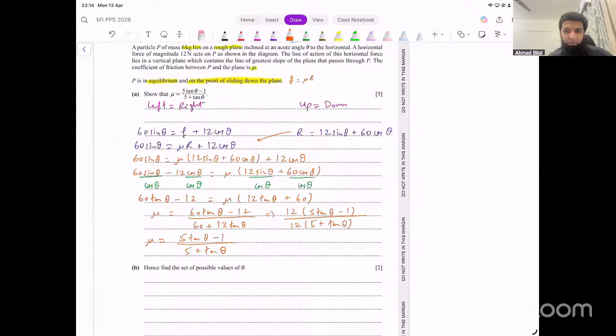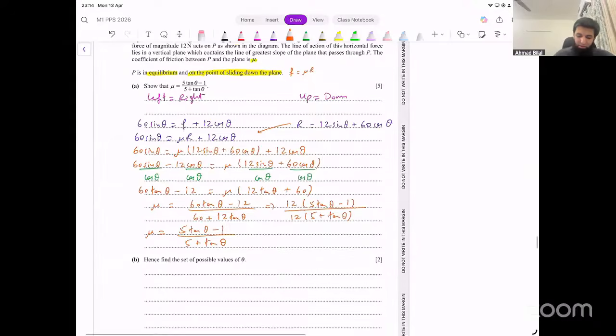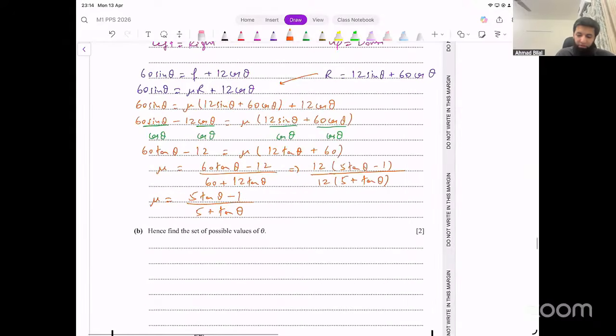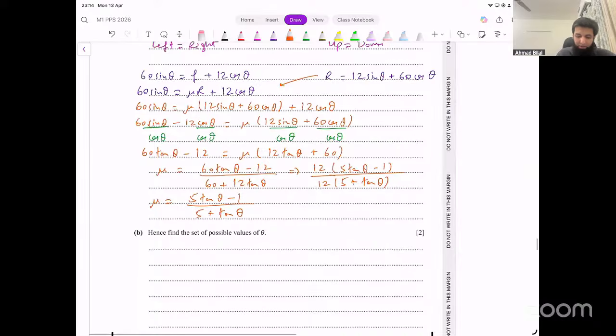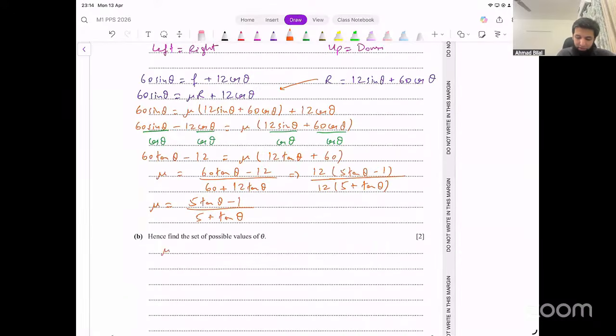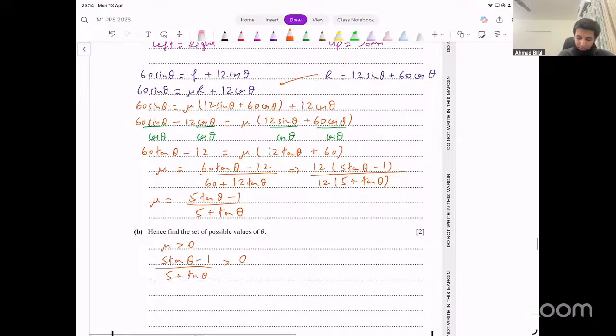Negative is also not possible because coefficient is always a positive value. That is one thing that you could do. You could say mu is greater than 0, and that gives you (5 tan theta minus 1) divided by (5 plus tan theta) greater than 0.